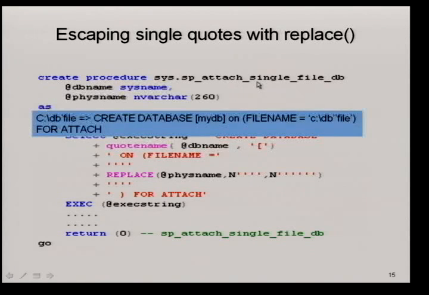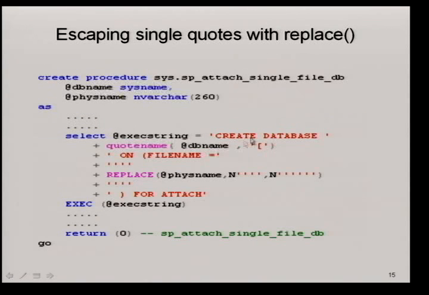If you look at the SQL statement that's being formed here, CREATE DATABASE QUOTENAME(@dbname), because DB name is a SQL identifier. On file name, the REPLACE function doesn't add the beginning and ending delimiters. It only replaces the occurrences of any characters.